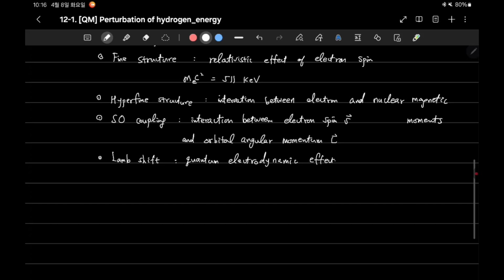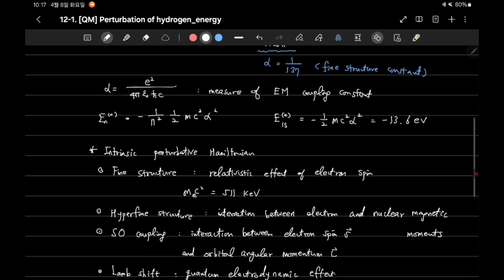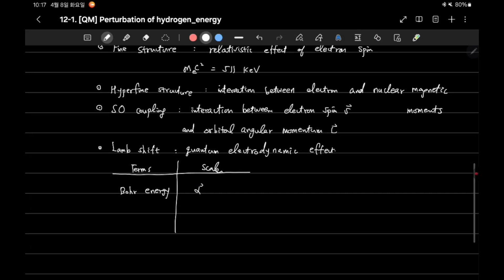When we compare the energy scales, basically the Bohr energy, as we saw above, is on the order of alpha squared mc squared.